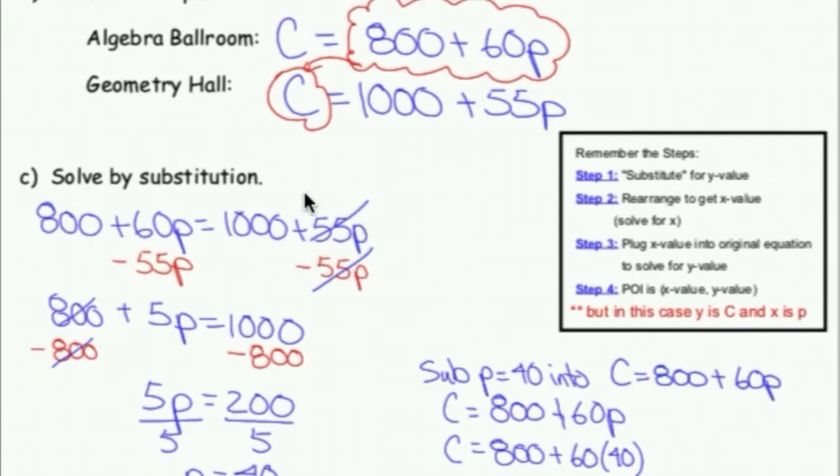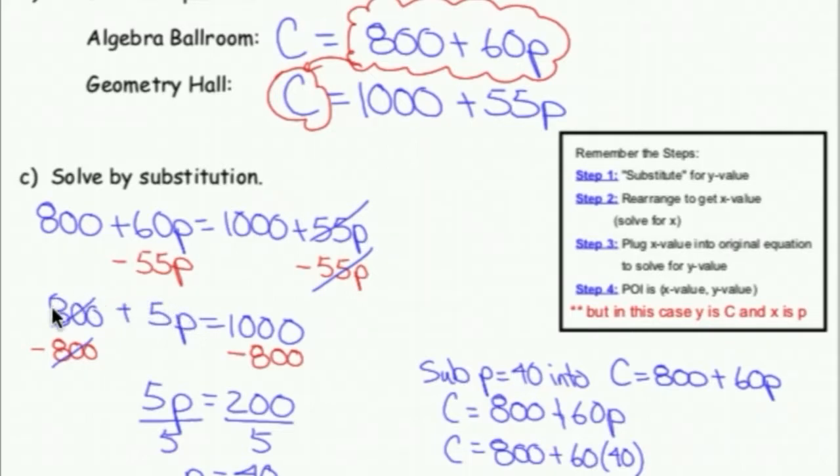To get rid of it on the one side, we need to minus 55p, because 55p minus 55p is 0. And whatever we do to this side, we also have to do to this side. So we minus 55p from this side, which gives us 800 plus 5p, because 60 minus 55 is 5, equals 1,000.